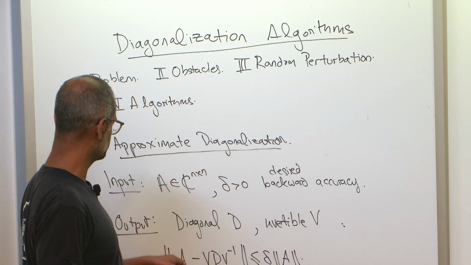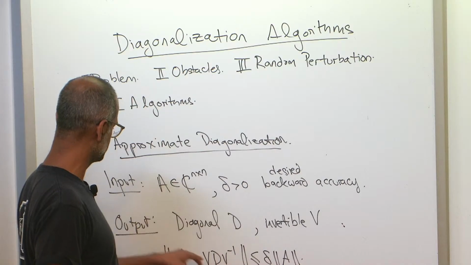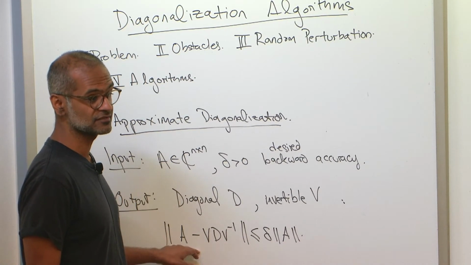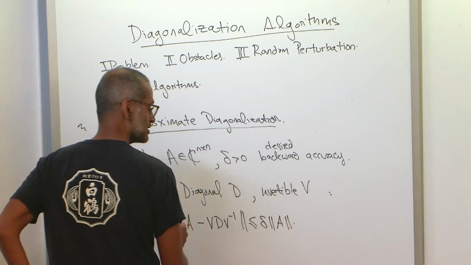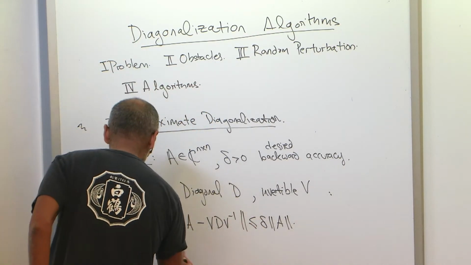So we're not producing a diagonalization of A, we're producing a diagonalization of a nearby matrix, where nearby is delta. This is the notion of backward error that was introduced in many talks that we saw earlier.